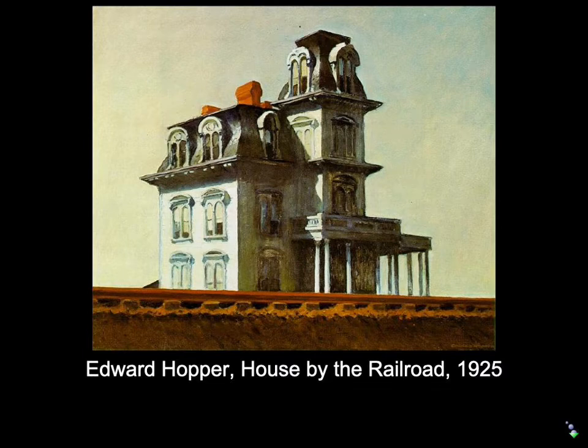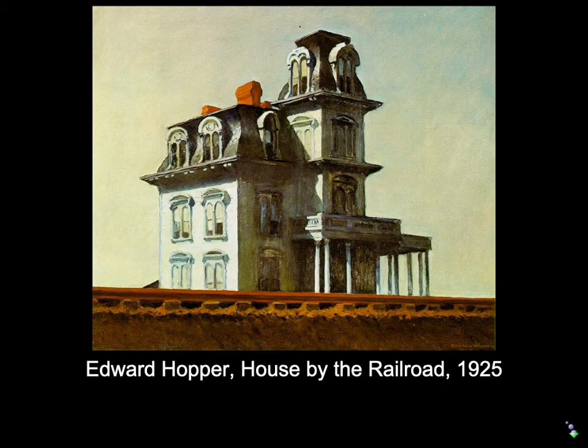On the narrative or subject matter side, it's incredibly effective for giving us a sense of this American climate of loneliness, of isolation, and of silence that Hopper seems to have felt. So he gives us this house, and normally you think of a house as an inviting place where one resides.